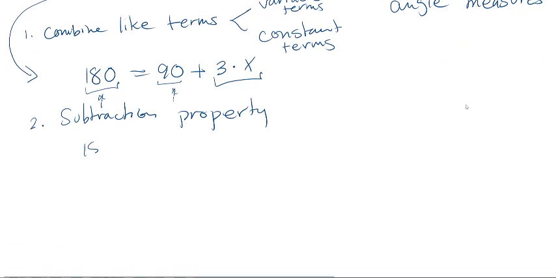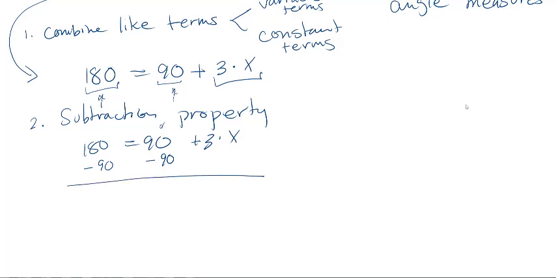How do we do this? Let's write this equation out again. Well, again, all this is in the previous videos, but let's subtract 90. We take the inverse operation to the plus 90 here. Let's take minus 90 from both sides of the equation.